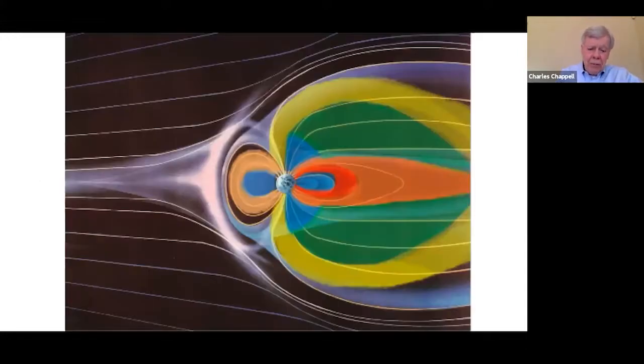Now, I want to get you to think about the magnetosphere in a slightly different way. We think about it in terms of the different regions of plasma that are there. We think about the lobes, the plasma sheet, the ring current, now the warm plasma cloak, the plasmasphere, the radiation belts. We're thinking about regions of plasma.